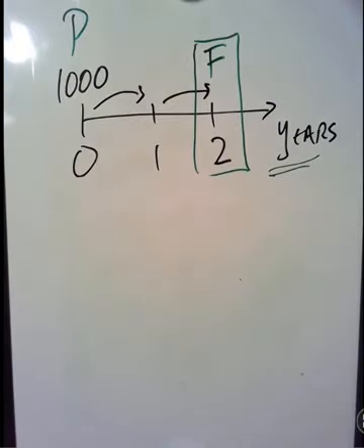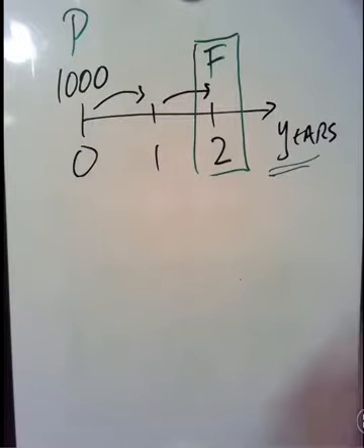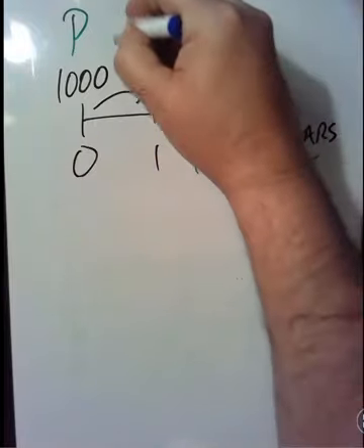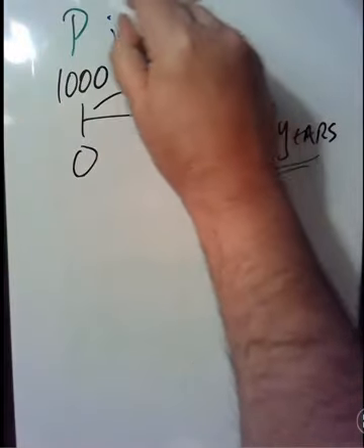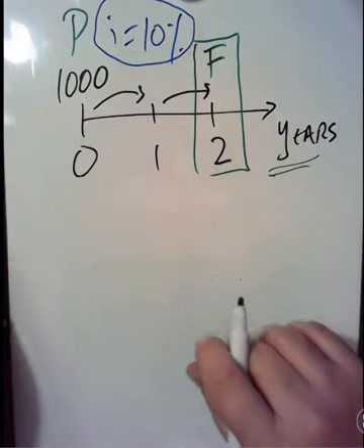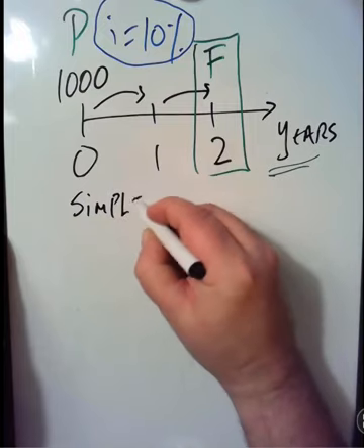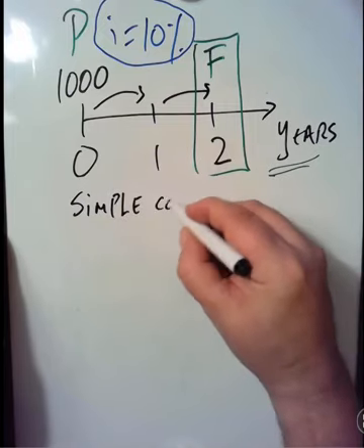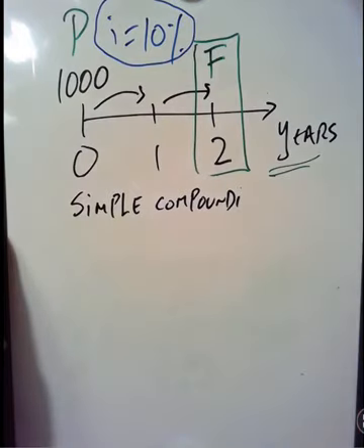So to figure that out, since I said the interest rate was 10%, we need to know how interest accrues. So the most basic method is what we call the simple compounding or simple interest method.